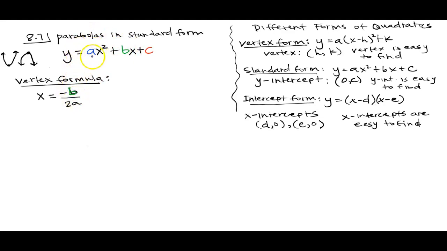The a, that number in front of the x squared, is the number I'm going to put down here inside this formula. That should look familiar because of the quadratic formula: x equals negative b plus or minus the square root of b squared minus 4ac, over 2a. That negative b over 2a is part of that formula, and this is the part that tells us the x coordinate for the vertex.